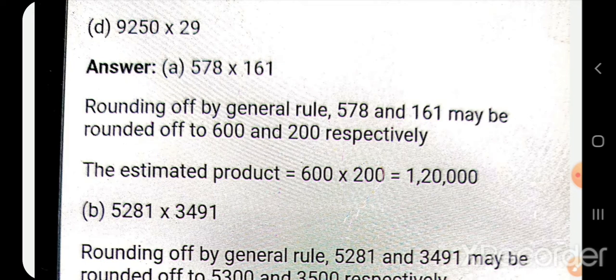So rounding off by general rule, 578 and 161 may be rounded off to 600 and 200 respectively. Now we will find the product of 600 and 200. So the estimated product is equal to 600 into 200.